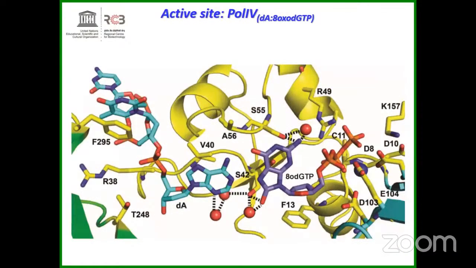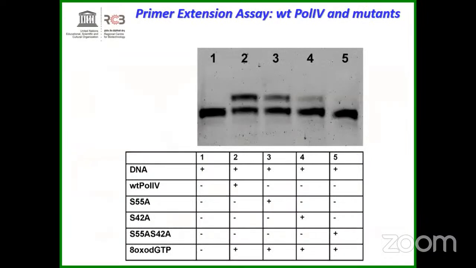And what he saw was that these residues S42 and S55 form interactions with the modified base to hold it in this syn conformation so that Hoogsteen base pairing can occur. So he mutated these two residues to alanine, and he saw that the ability to incorporate 8-oxo-dGTP is decreased substantially for the mutant protein.